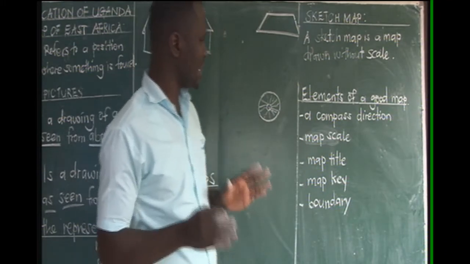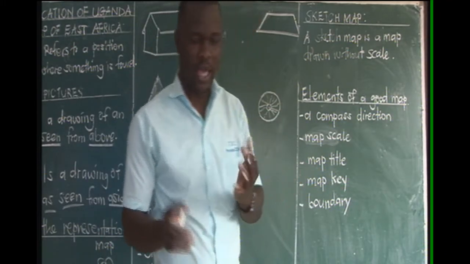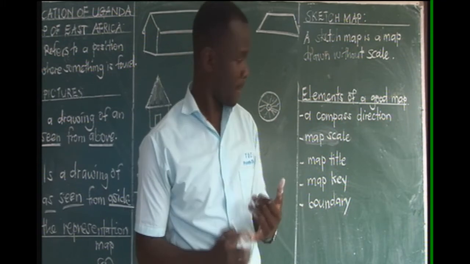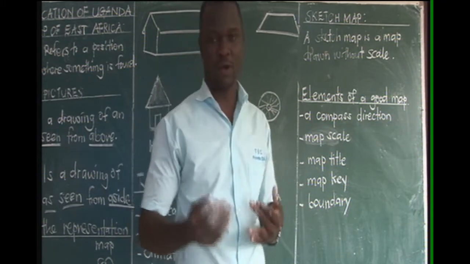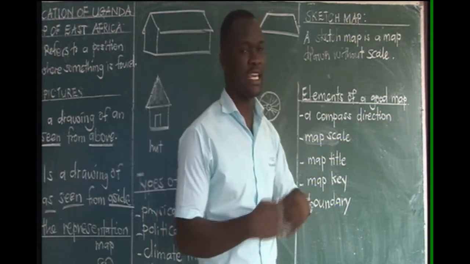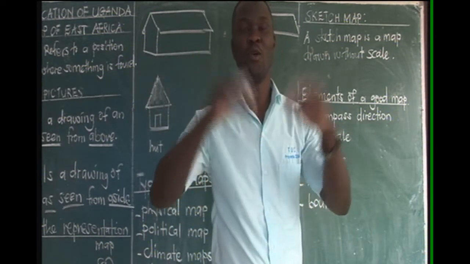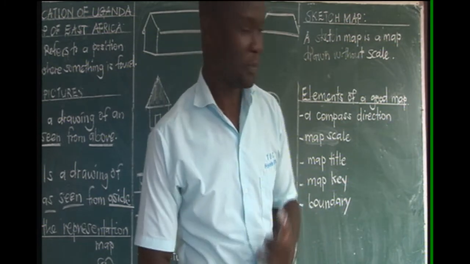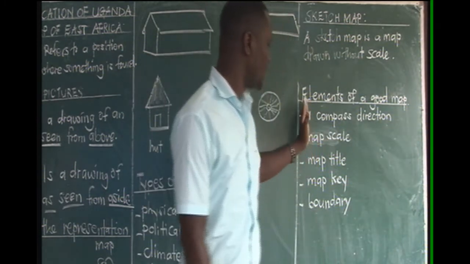Now, the other challenge that children always make is that we have the elements of a good map, and then we have qualities of a good map. The problem is when children are asked to state the elements, they go and talk about the qualities, which is wrong. So when it comes to the elements, we list them.